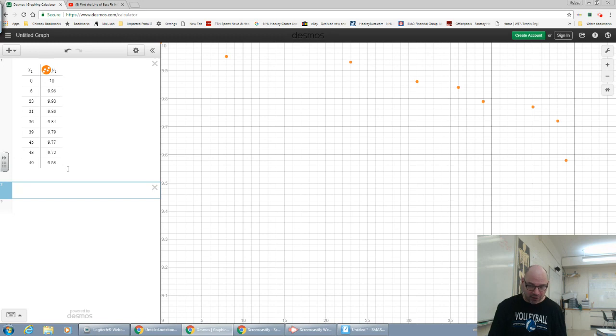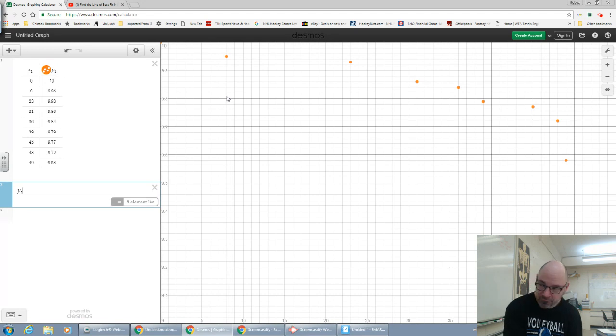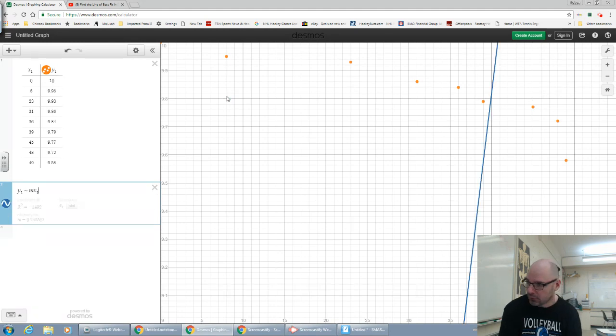So if we want to put in our best fit line, the first question is, create a scatter plot, describe the characteristics of the data. It's pretty linear in the middle here, but at the end it kind of drops off. Determine the equation of the linear regression function and the y-intercept. So that's what we do here. We go y1, the approximation sign, equals mx1 plus b.